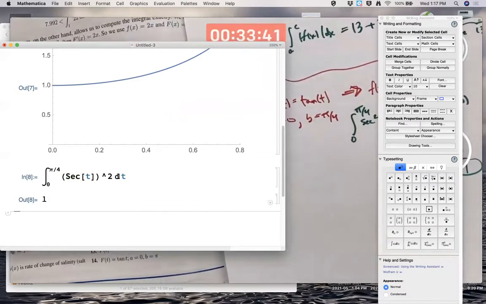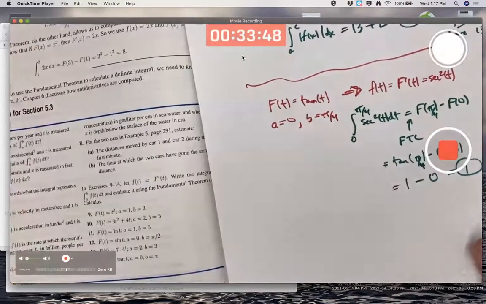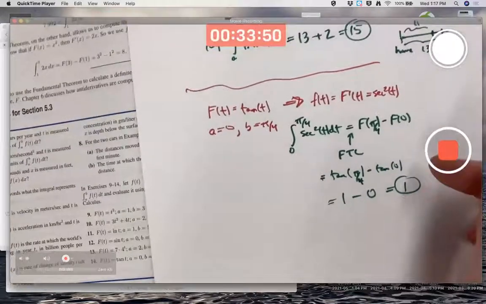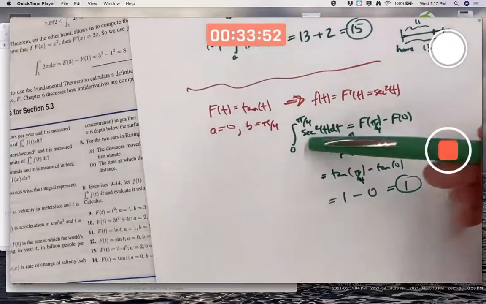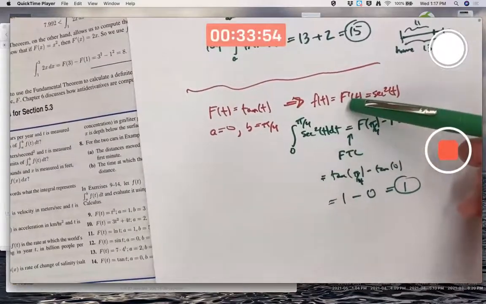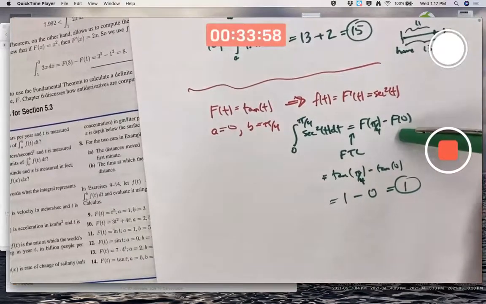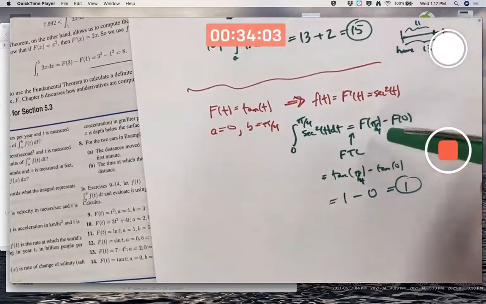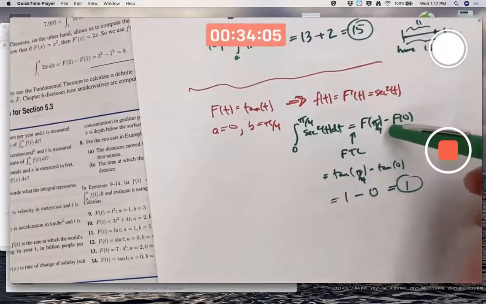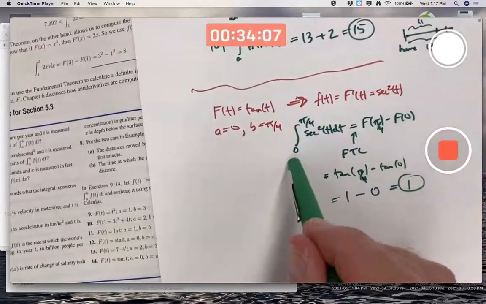Yep. Because of the fundamental theorem of calculus. Because the fundamental theorem of calculus says that when integrating the derivative of something, find an antiderivative of that something and find capital F of b minus capital F of a, where in this case a is 0 and b is pi over 4.